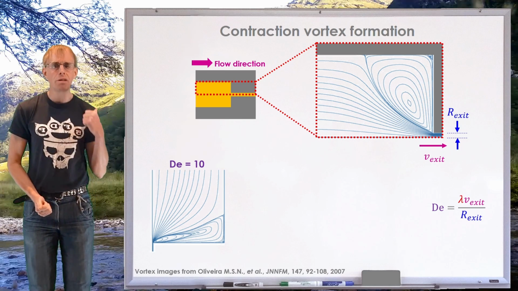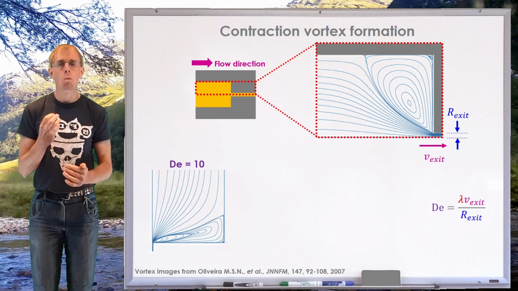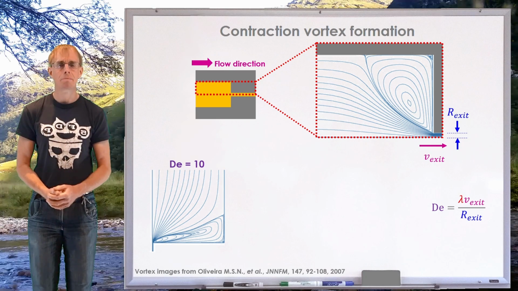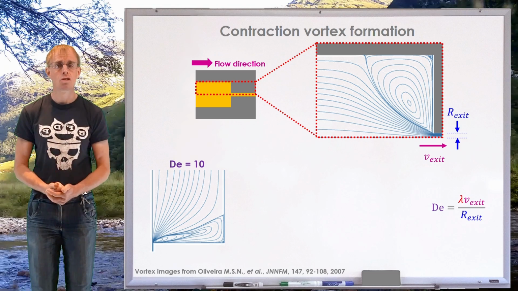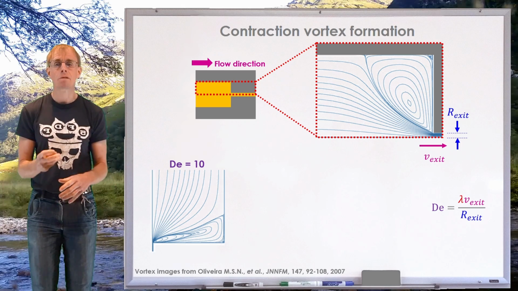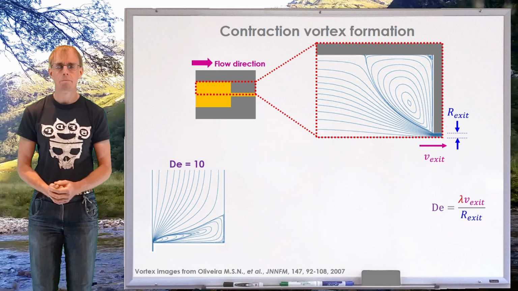And if you look how I've written the Deborah number on the board there, lambda there is a chosen relaxation time for the polymer. It might be some kind of characteristic relaxation time, it might be the longest relaxation time. We know that polymers have a spread of relaxation times, but lambda there is a relaxation time that is representative of the polymer in question.